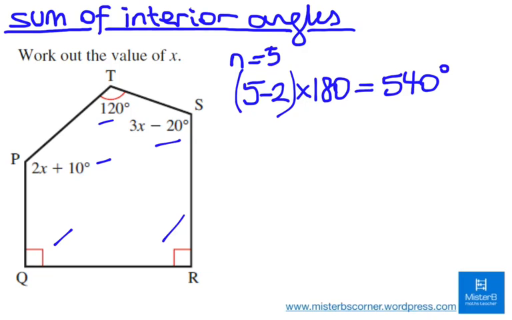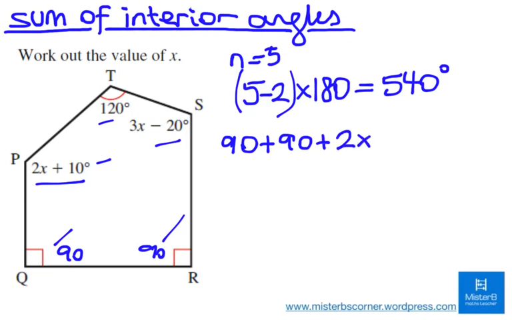Now I'm going to write an equation. It doesn't matter which one you start from. These are 90-degree angles each, so I go like 90 plus 90, and then 2x plus 10, that's the other angle, plus I have 120, plus I have 3x minus 20.